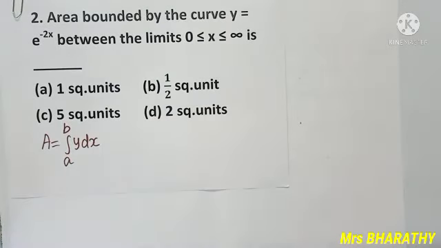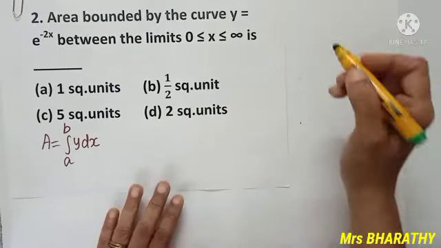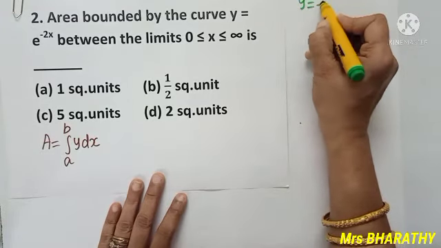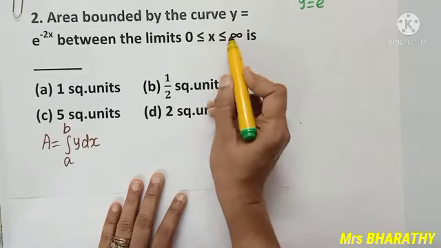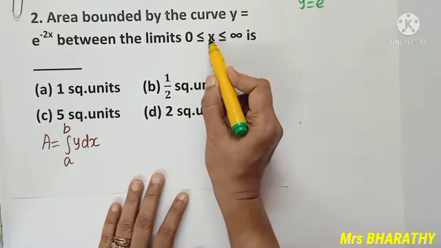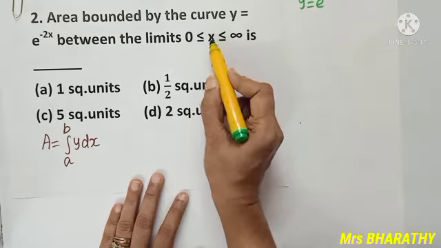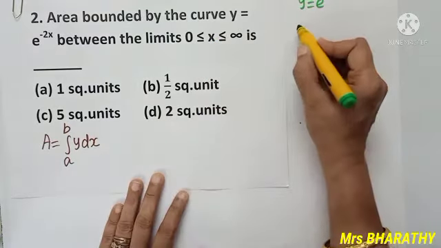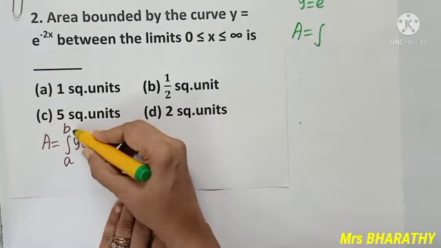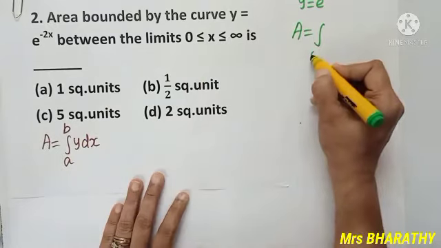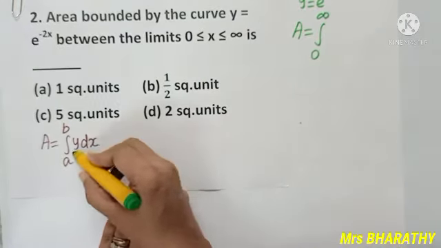Question number 2. Area bounded by the curve y equals e power minus 2x, between the limits 0 to infinity. Here x limits are given, so it is about the x-axis, and we recall the formula: area is integral a to b, here the limits are 0 to infinity, y dx.